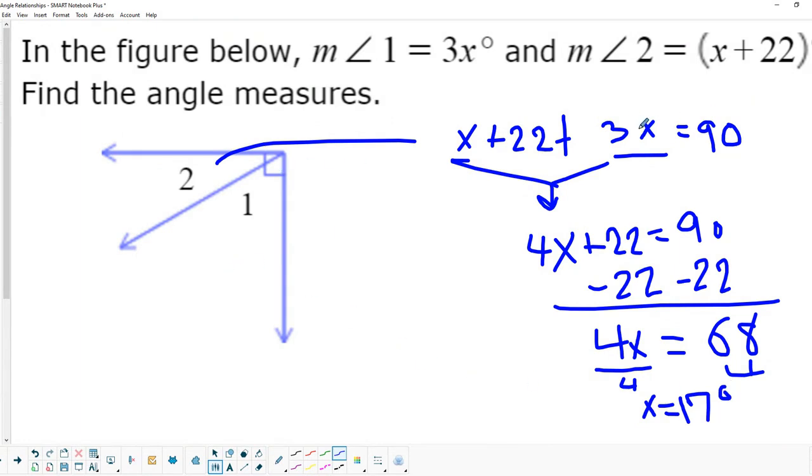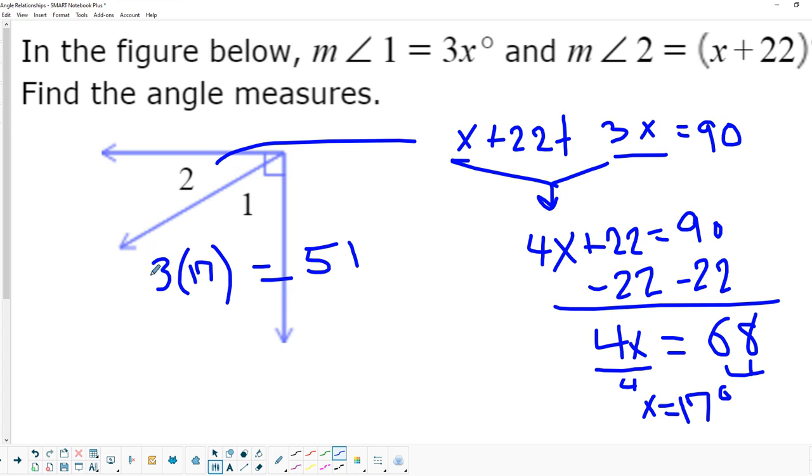So if we look at our angles once again, angle 1 was 3x though, so we've got to do 3 times 17, which ends up being 51.